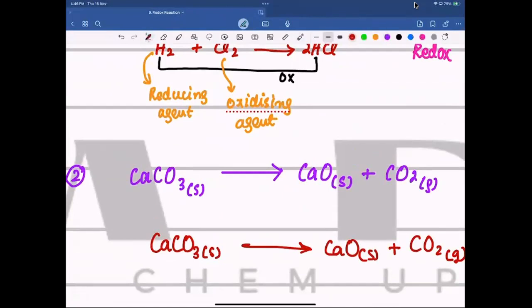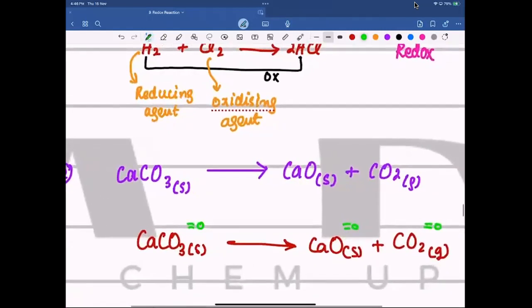Okay. So the net charge over here is 0, over here is 0, over here is 0. According to the rule that we have discussed, we are going to first place the charge of group 1, 2, and 3. There is a group 2 element, so its charge would be +2. There is no hydrogen in it, then oxygen. Oxygen is in group 6, so its charge is going to be -2, and there are 3 oxygen, which makes it -6.